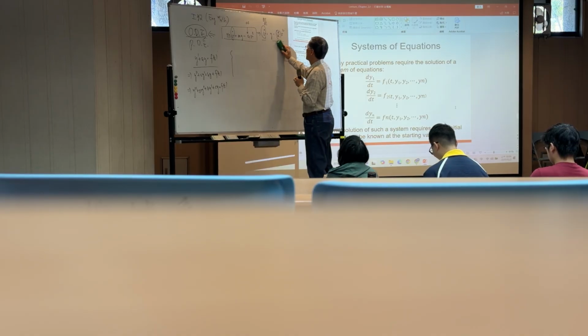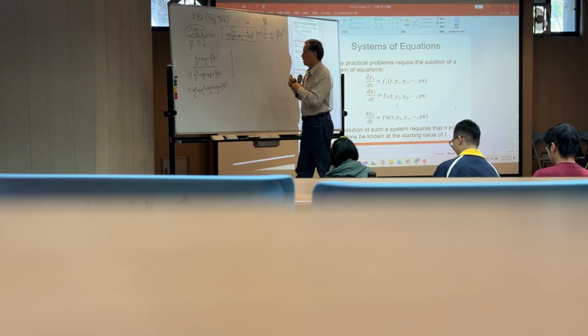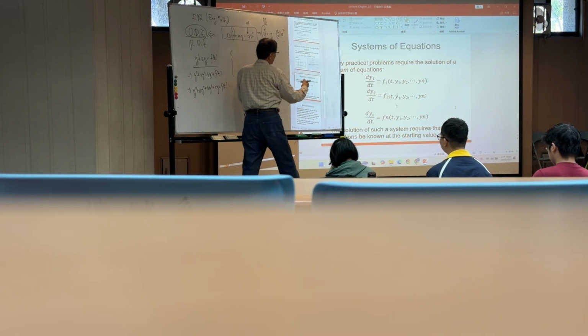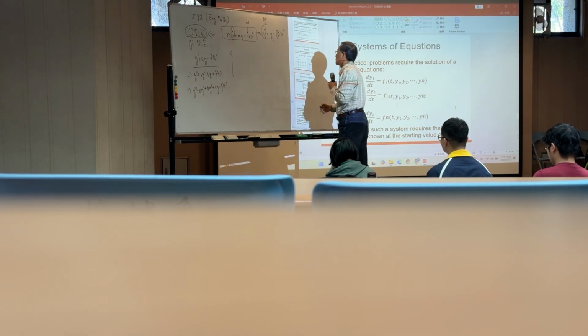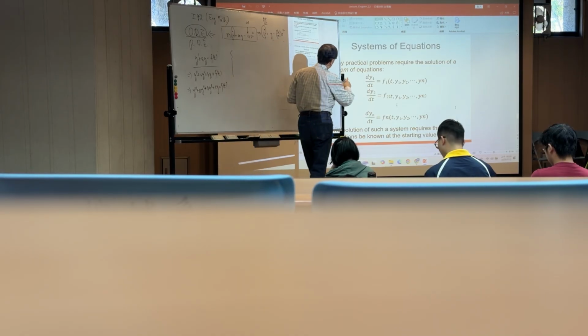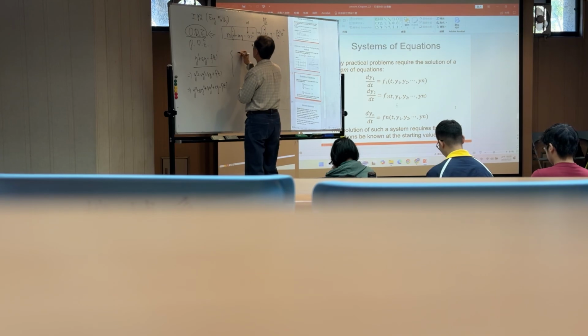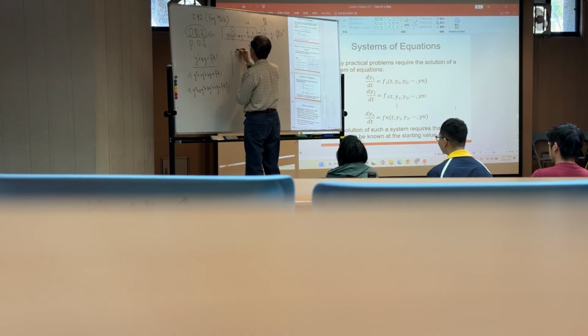Maybe let me just say a little bit about this. So you have, for example, this guy. This is, let's say the first one, y1, y2, right? So what we can do is this. We can say this is y1 at i plus 1.